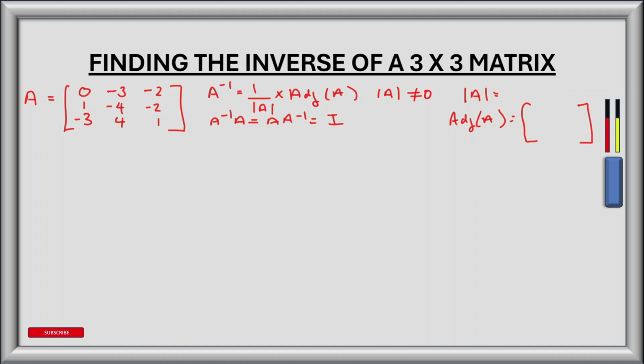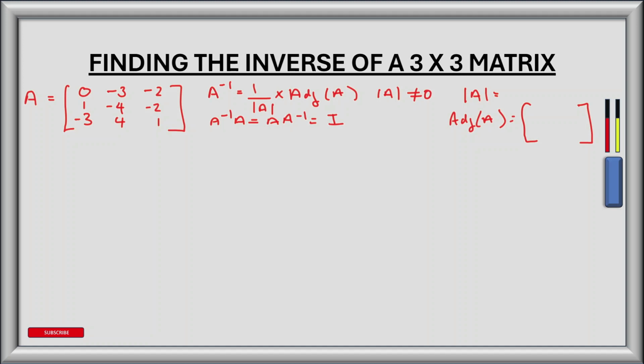So our goal here is first to find the determinant of A and then its adjoint. So let's begin with the determinant. To find the determinant of matrix A, we take each element in the first row and we eliminate its rows and columns. We then are left with a 2 by 2 matrix of which we need to find its determinant.